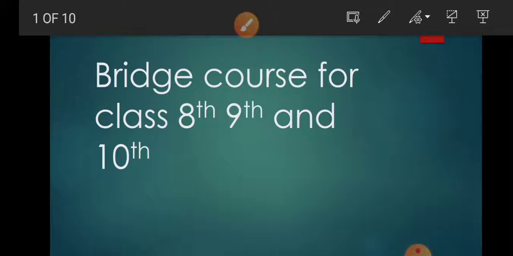Okay, children, along with this we discussed that the mainland of India extends from 8.4 degrees to 37.6 degrees north latitude and from 68.7 degrees to 97.25 degrees east longitude.